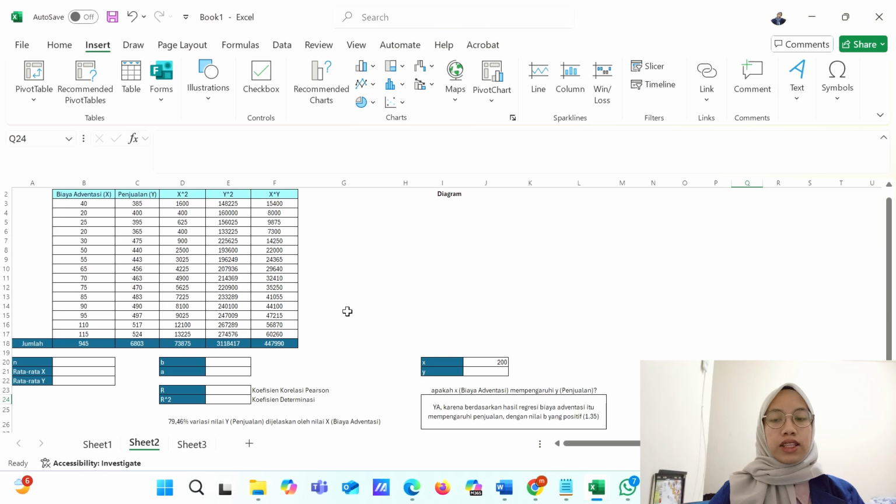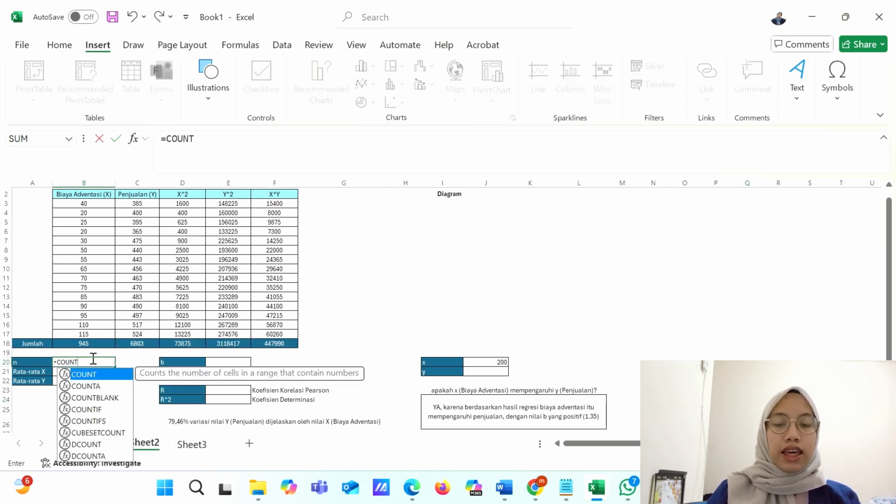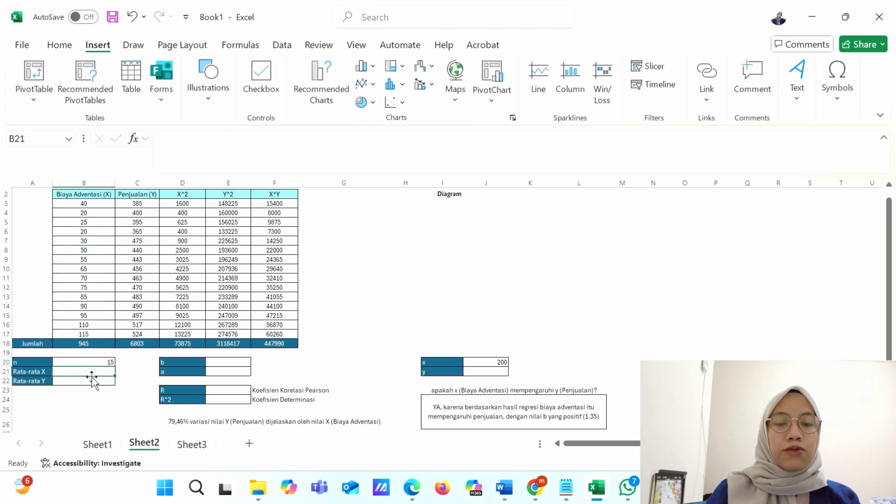Next, we move on to the next sheet to calculate the value of a, b, r squared and create a graph of all the available data. Here, we calculate the value of n, b, and a using the same formula as before.